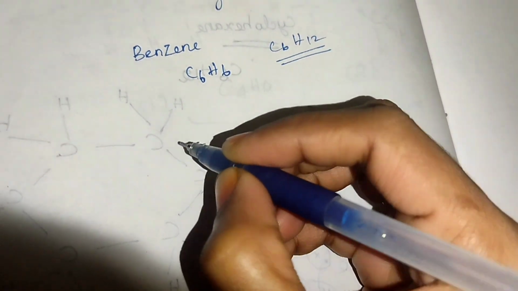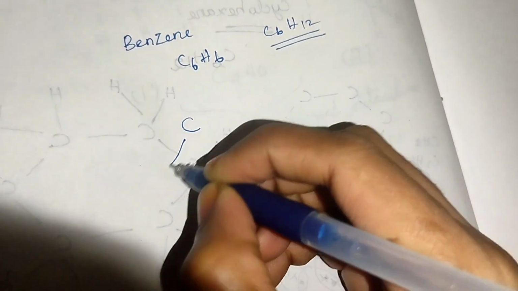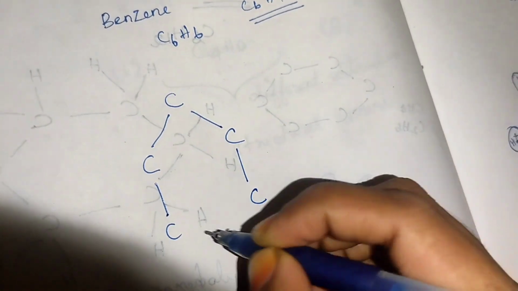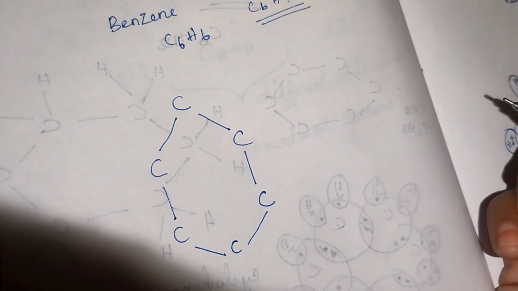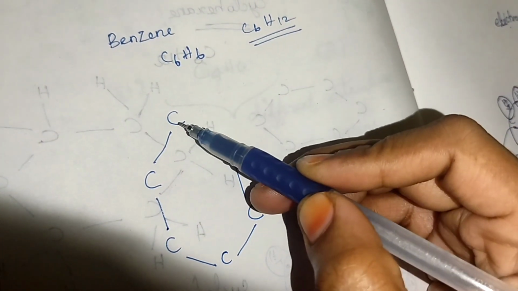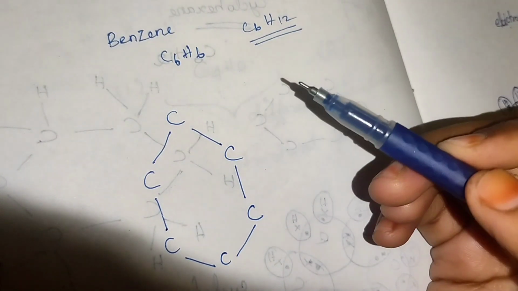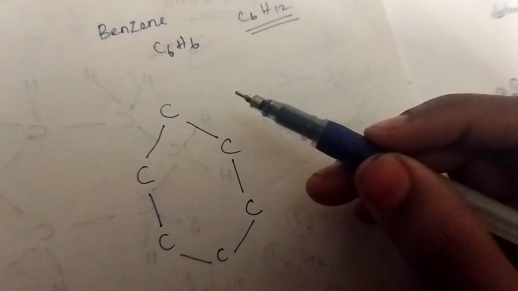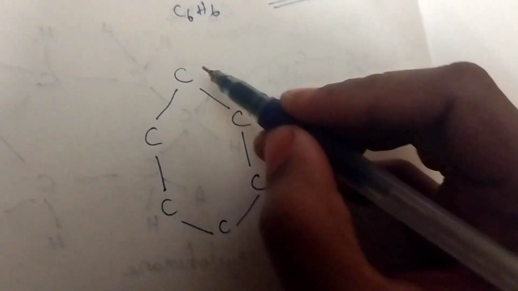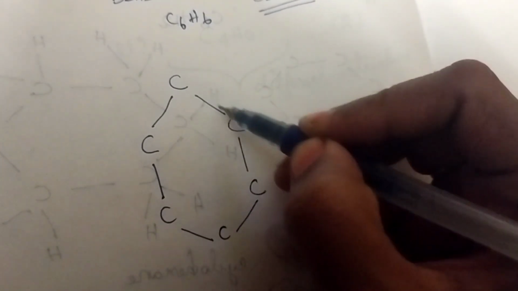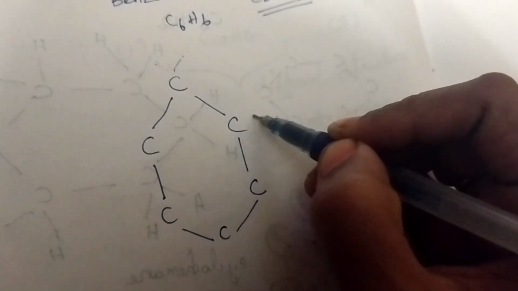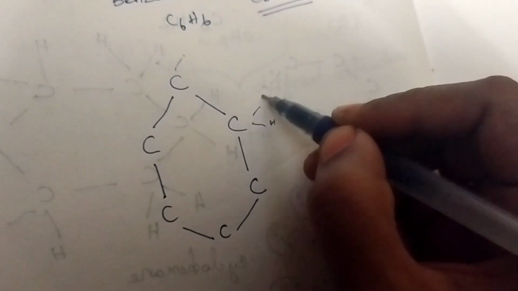Benzene, C6: 1 carbon atom, 2, 3, 4, 5 and 6. Now how many hydrogens? Only 6 hydrogens. Previously, to complete the valency, we would write 1, 2, 3 and 4 bonds with hydrogen.